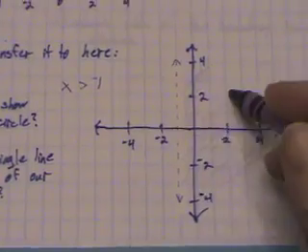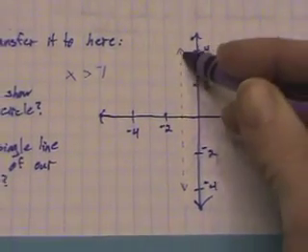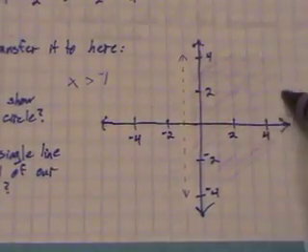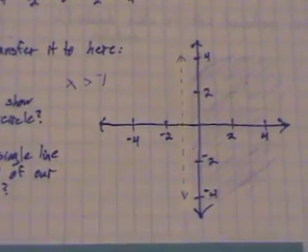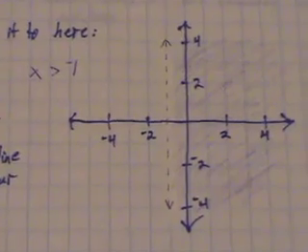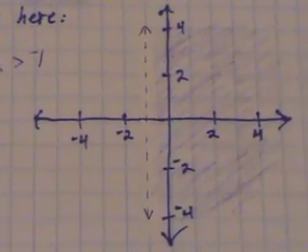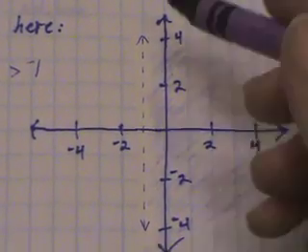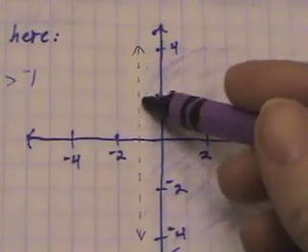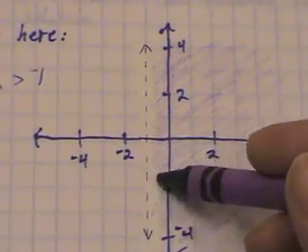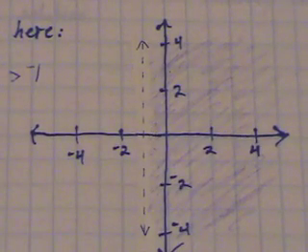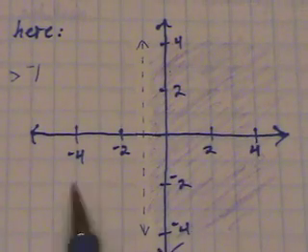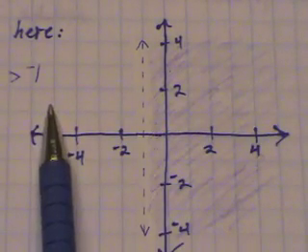Any x value where you have colored in fits this graph, and I was shading very lightly. If I zoom in, you can see it better. So now we have created a two-dimensional graph of the inequality x is greater than negative 1.